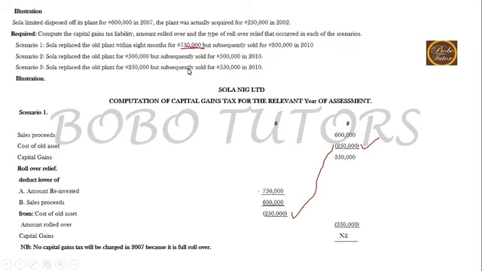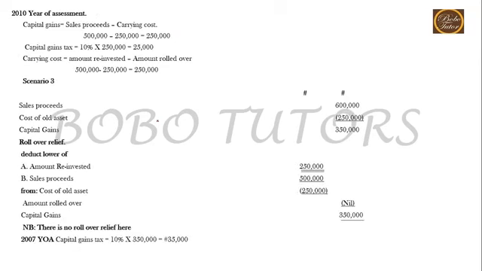The sales proceeds 600,000, cost of old assets 50,000, then capital gains based on the two previous scenarios we've done. So applying the rollover relief, amount reinvested and sales proceeds. The amount reinvested is 250,000, that is the amount used to purchase the new asset. The sales proceeds of the old asset is 500.